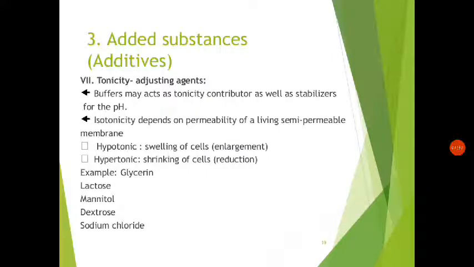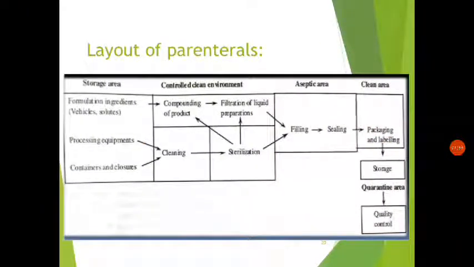Isotonicity is very important. Then, discussing the preparation, you have a layout for the entire processing area. You have the storage area for formulation ingredients, which was already discussed previously.